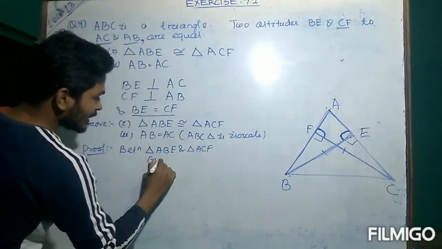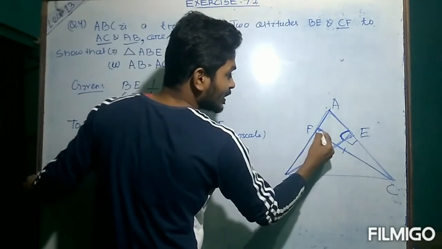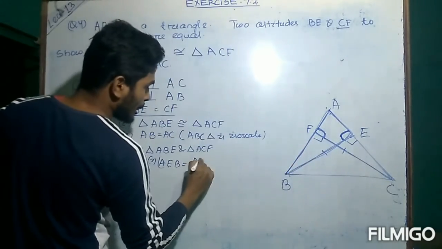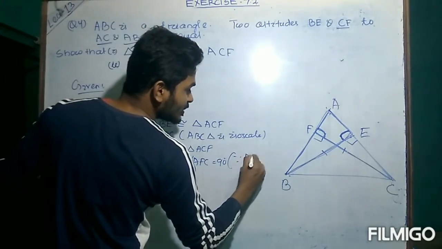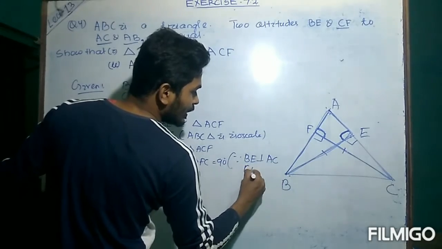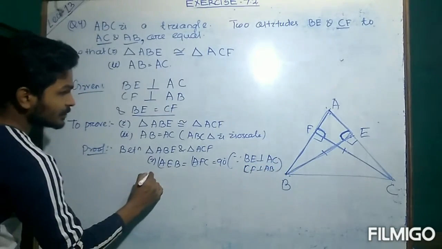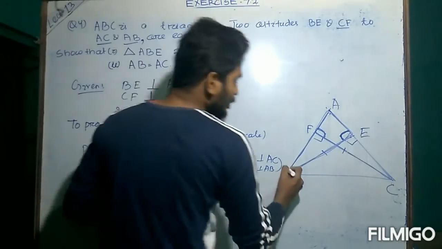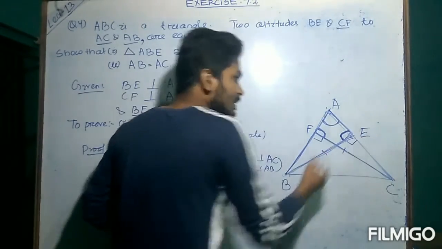So the first condition is AEB is equal to this angle, AFC, is equal to 90 degrees. Why? Because BE is perpendicular to AC and CF is perpendicular to AB. This is given.